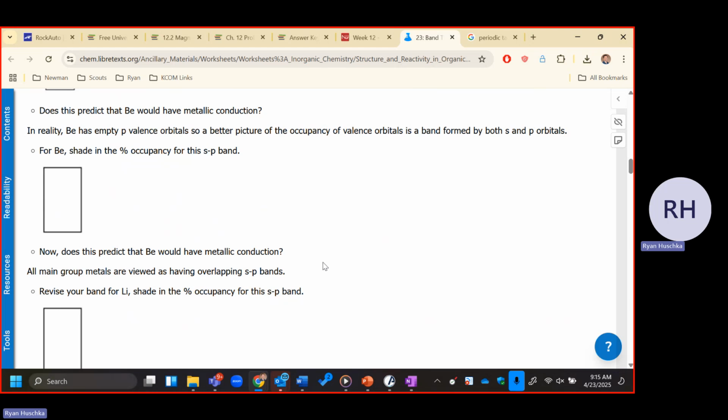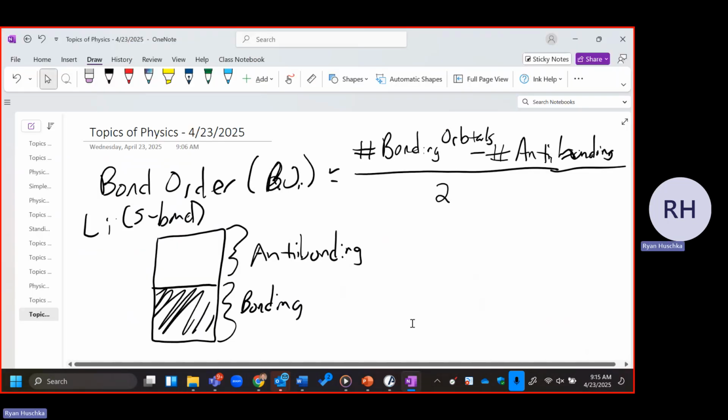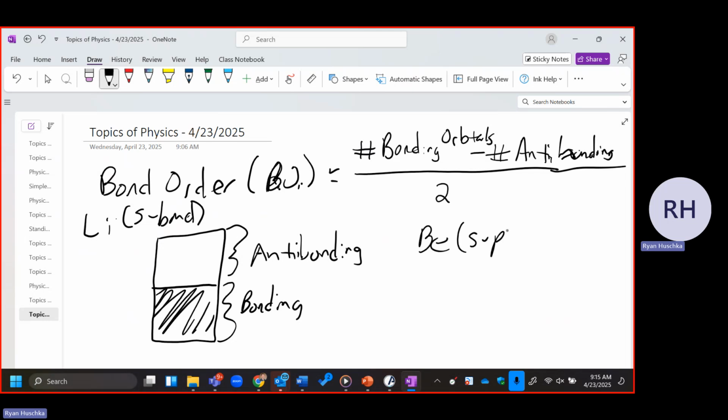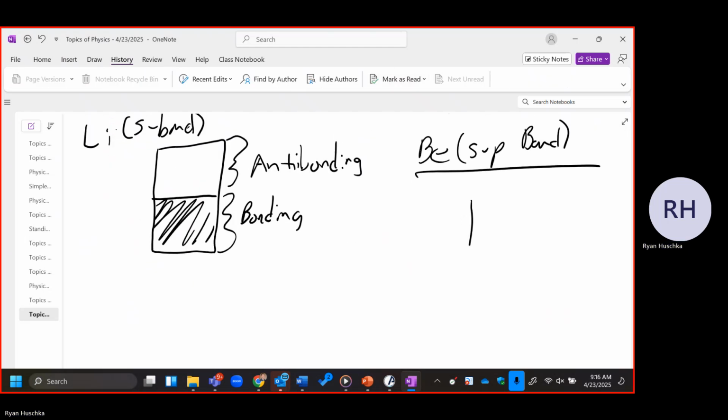All right, so if we looked at this then for the SP band, let's go over to the notes and draw this one in. So now we're looking at beryllium, and we're going to look at the SP band. Again, the S band would be just 100% shaded in, so we're not going to draw that up here. But if you did the SP band, you looked at a similar type of rectangle, like that, okay?